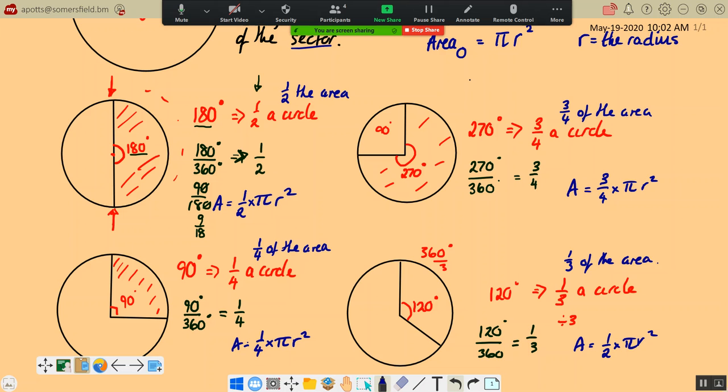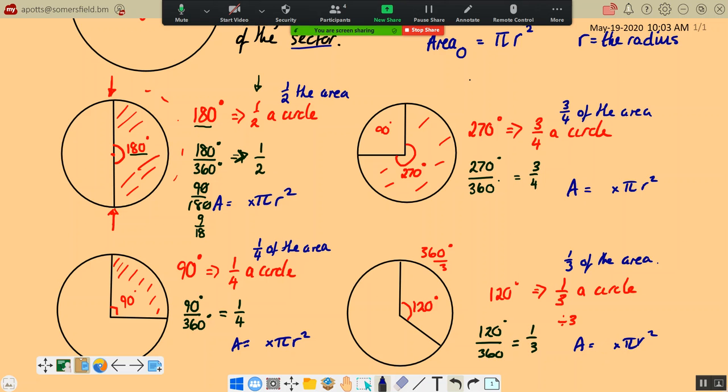However, let's not forget where the halves and quarters came from. So before we simplified, what did I have before the simplified fraction? That's what I want to know, because that'll make it work all the time.